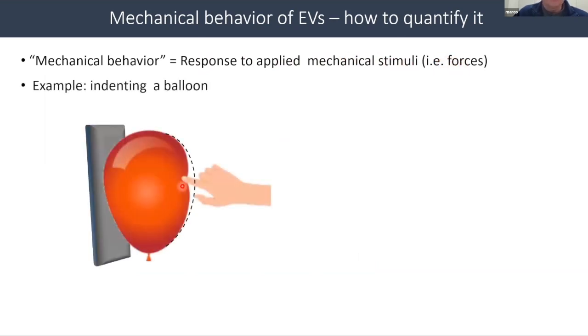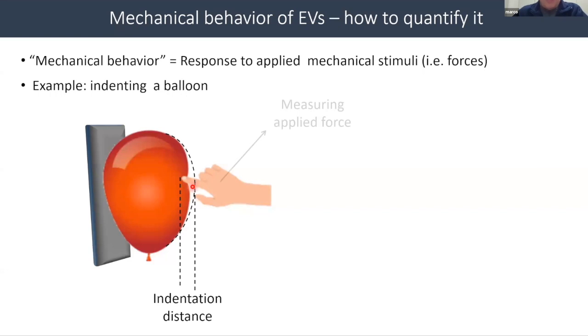To give an example in the macroscopic world, you can take an inflated balloon, push it against the wall with your finger, and measure the distance that you are indenting it, and at the same time the force you need to indent it this far.